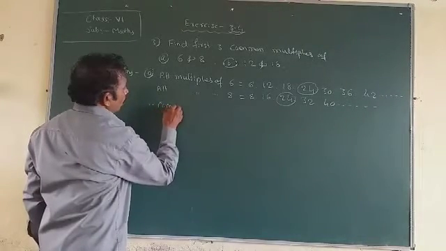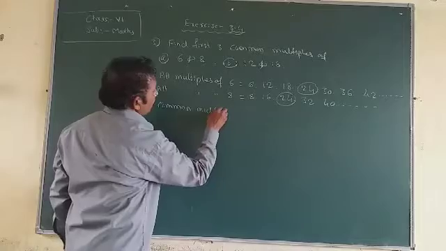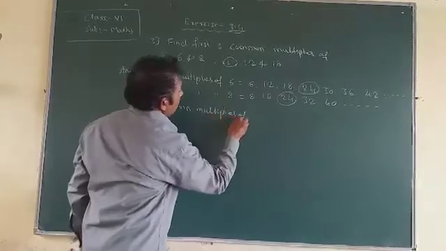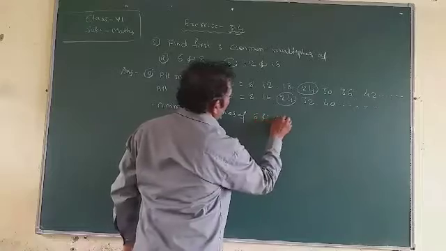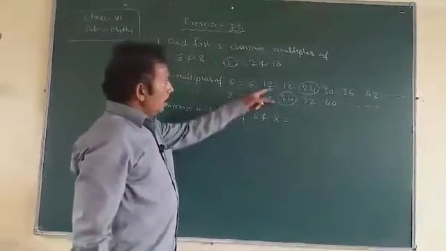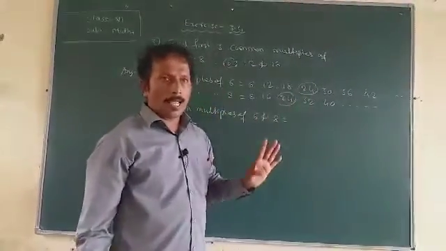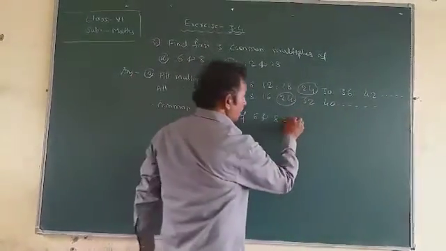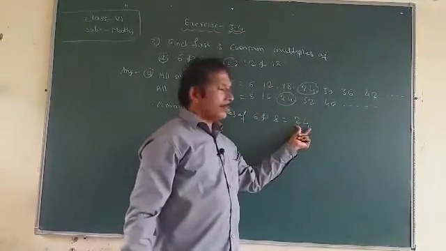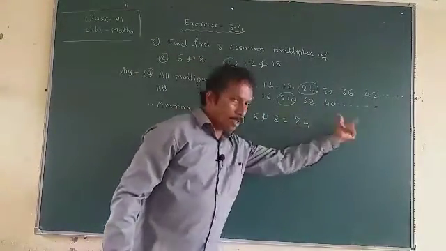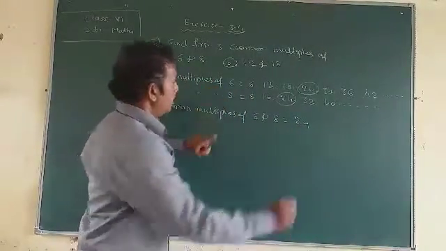Therefore, common multiples of 6 and 8 is equals to, in these two lists, we got only 24 as the common. First write 24, then write the table of 24. They are the common multiples of 6 and 8.